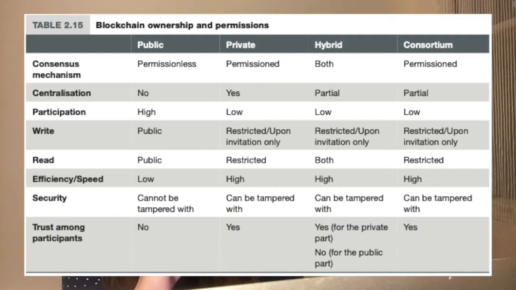When it comes to efficiency and speed, public blockchains are very low, whereas private, hybrid, and consortium have high efficiency and speed. Public blockchains cannot be tampered with, whereas the others can be. There's no trust among participants in the public blockchain, whereas the others have trust among participants because it is invitation only.